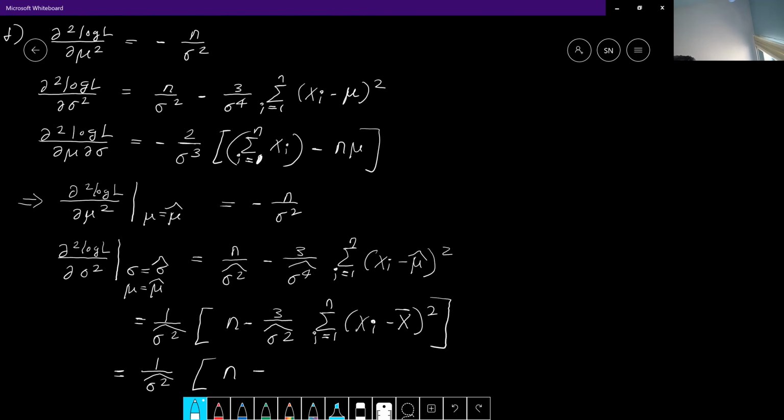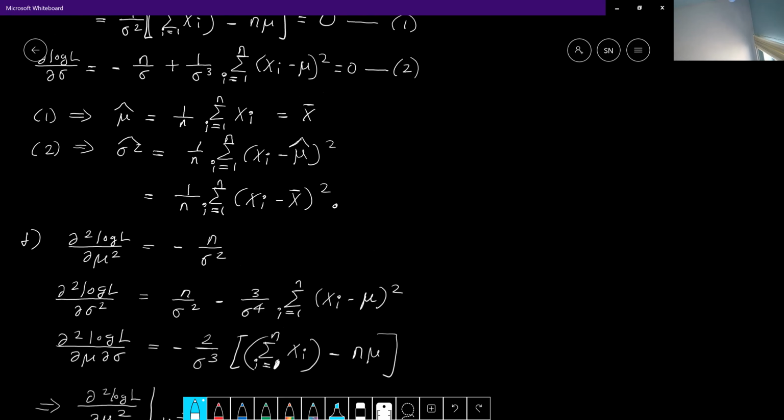You will get n minus 3n. This is what you will get, because remember in part C we got, if I can go back to part C just a minute, it's this one. In part C we got the estimate for sigma squared as equal to this one.